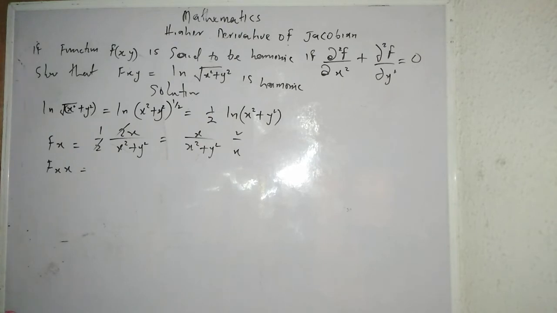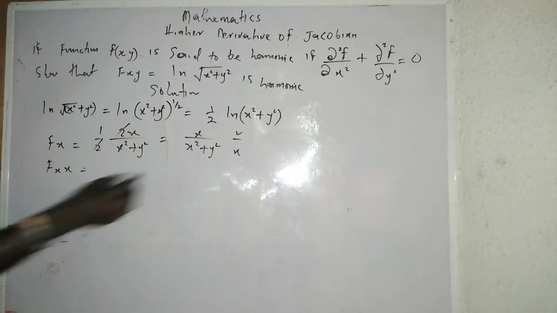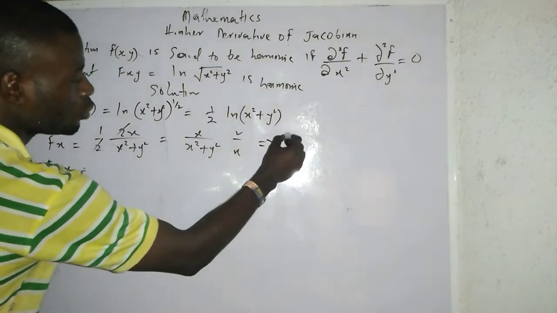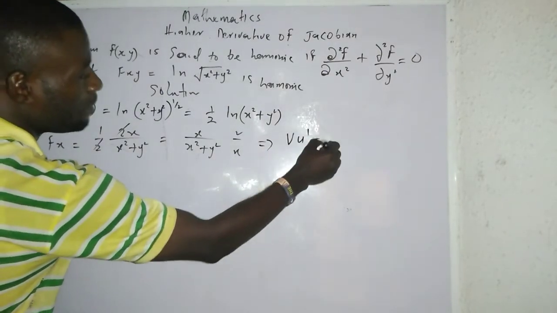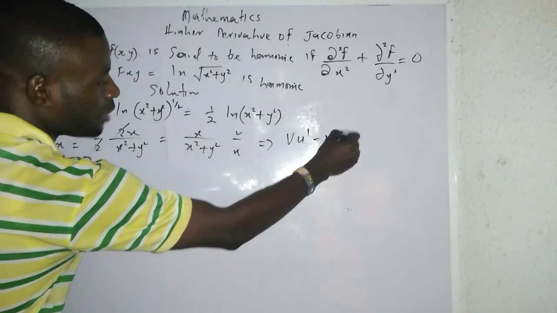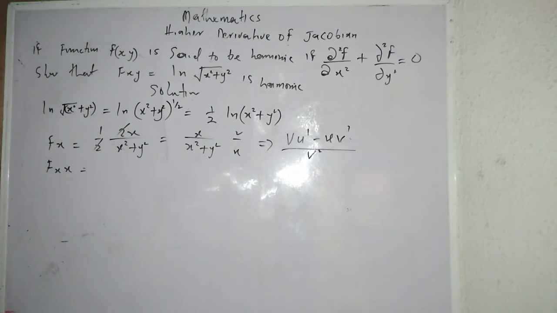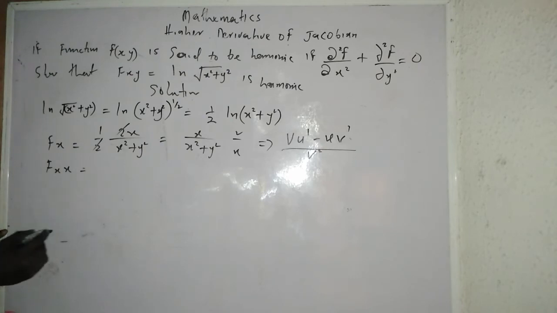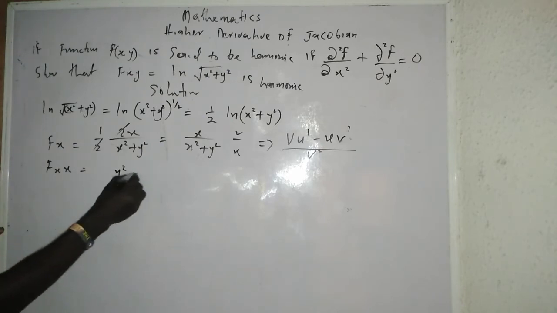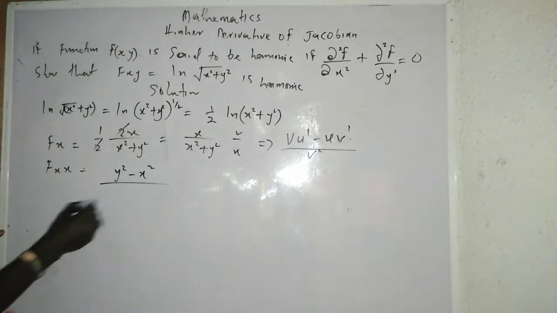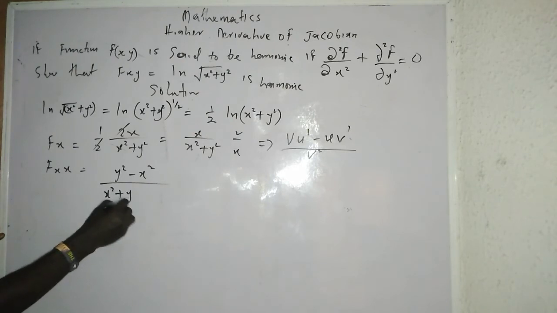Now, we have done all those times. How do I differentiate this? Hope you know this one. If I differentiate this, it will give me vu prime minus uv prime, divided by v squared. That is the differentiation. With the help of that, I will have y squared minus x squared divided by (x squared plus y squared) all squared.